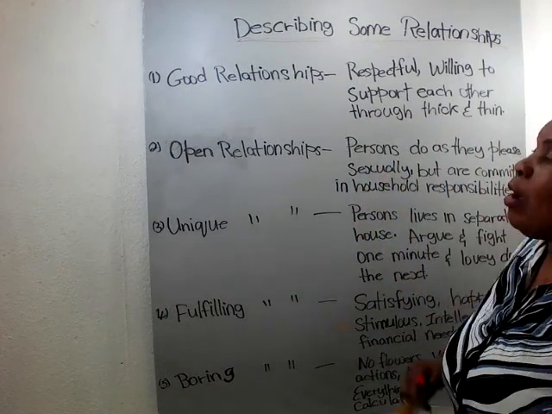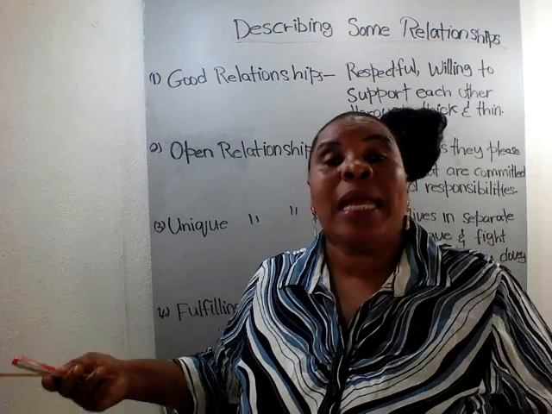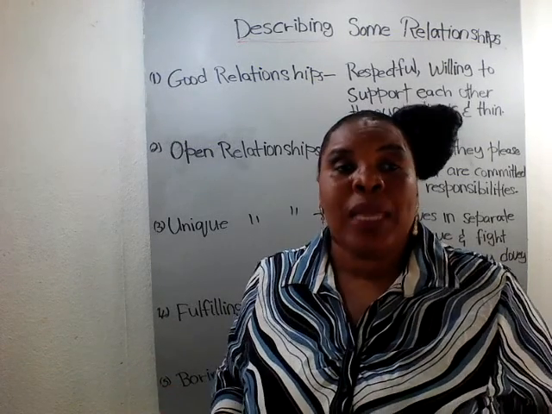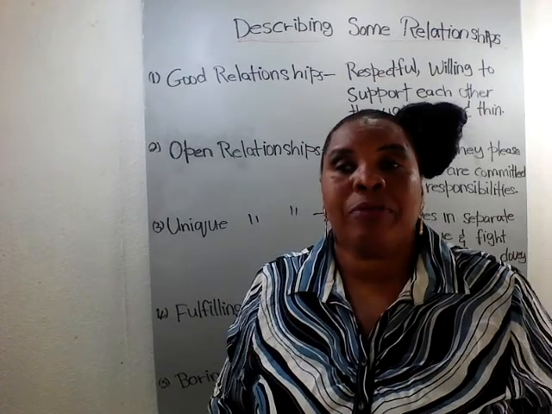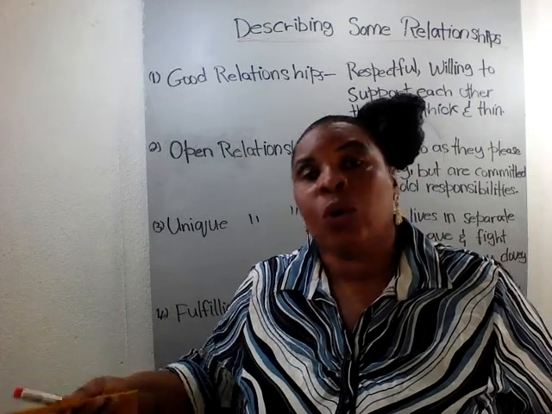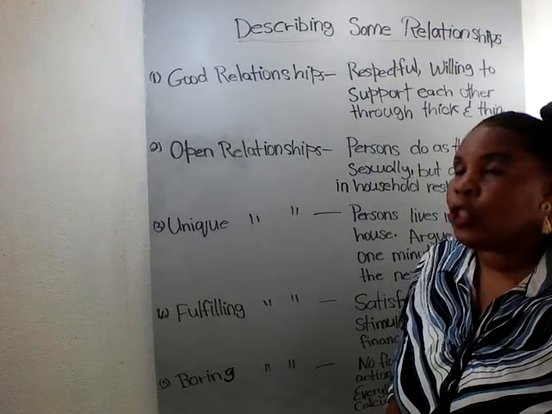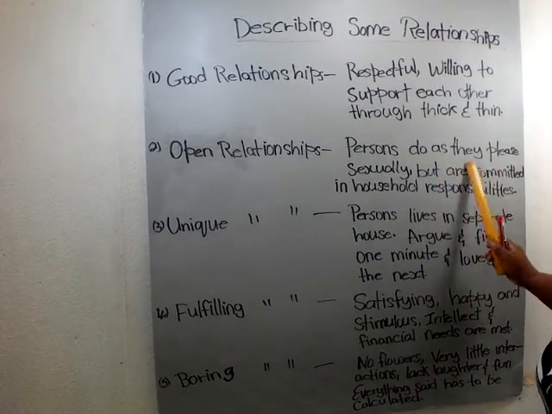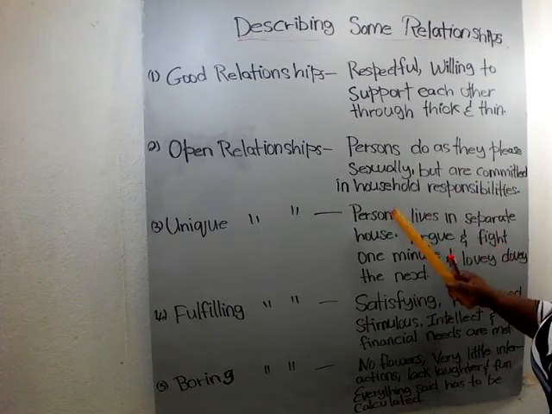They have that form of relationship. Sexually, they can go out and sleep or date someone else. So the relationship is open. It is not fully committed when it comes to the sexual part of it. You go and see whomever you want. She can go and see whomever she wants as well. So that is an open relationship.